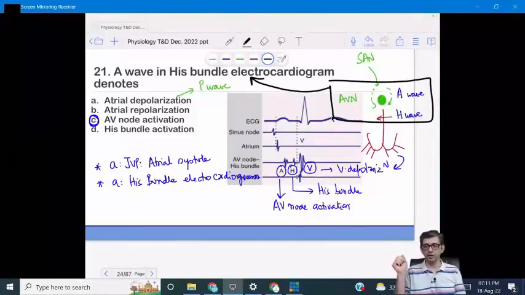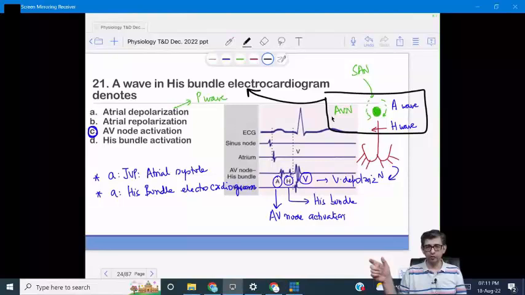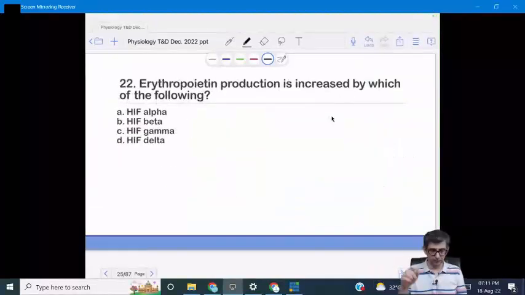That's to study the conduction defects occurring here. 21 we are sorted. The answer is option number C. Option A would be for surface ECG, and surface ECG would be related to atrial depolarization, that is the P wave. Okay, coming to question number 22.